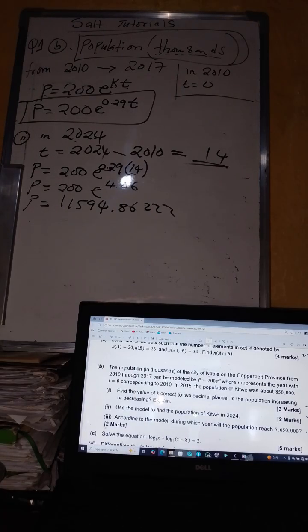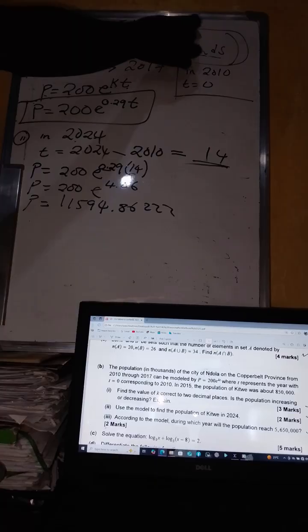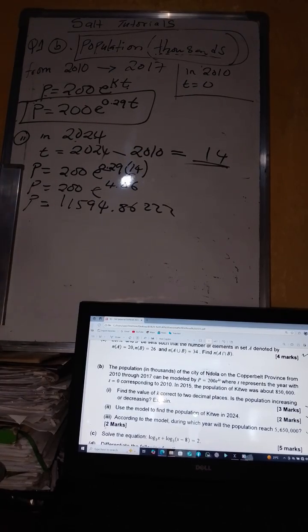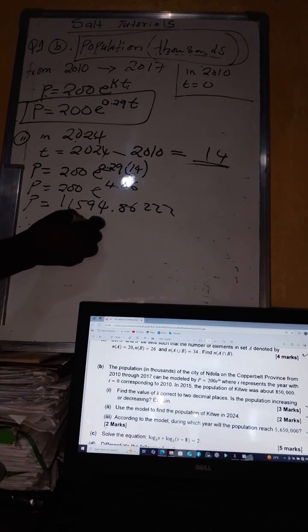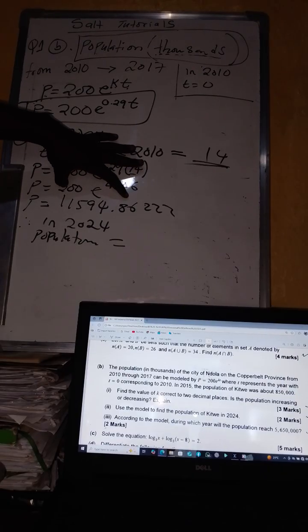Now when interpreting, the question says find the population in the equation in 2024. So the population now is going to be what? Remember we said the population should be in 1,000. So this is the one thing which is coming from the model. So when interpreting, in 2024, the population will be equal to, so this is for the model.